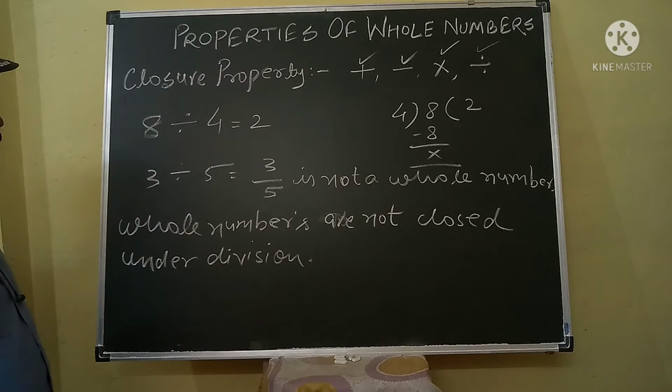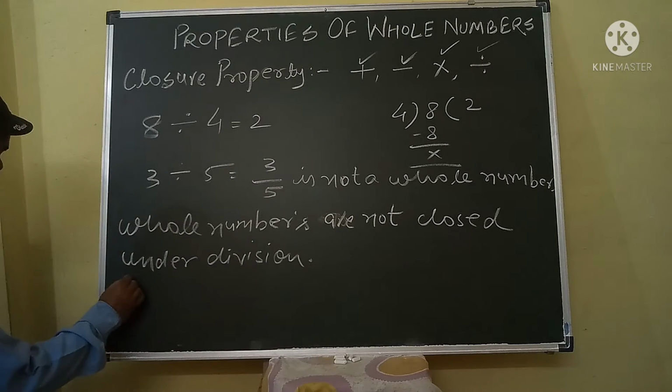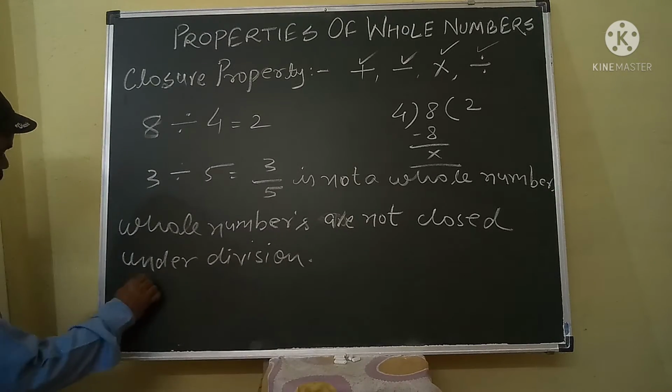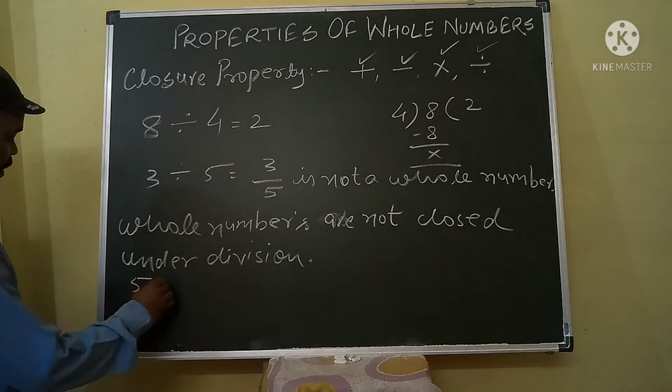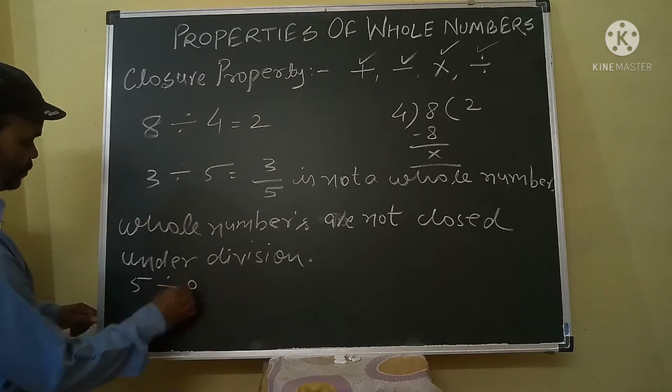In another example, suppose this is 5, a whole number, and 5 divided by 0.